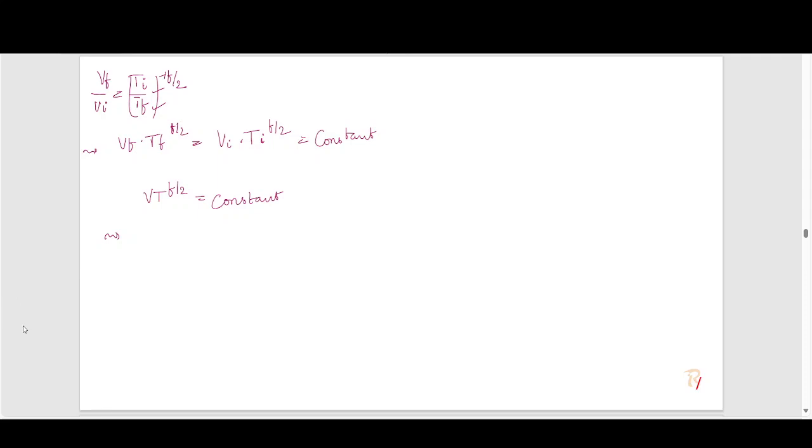Therefore V into (PV upon nR) to the power of f by 2 gives us a constant. I have not done anything: PV is equal to nRT, therefore T gives me PV upon nR. I am substituting here.